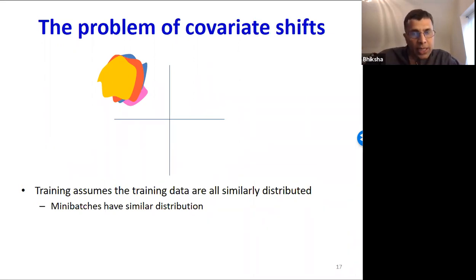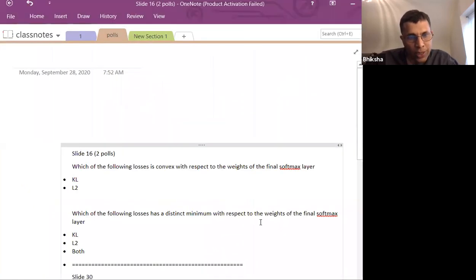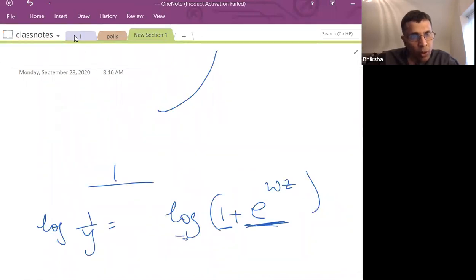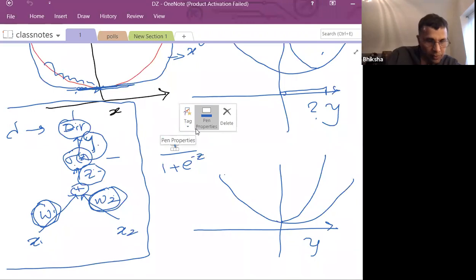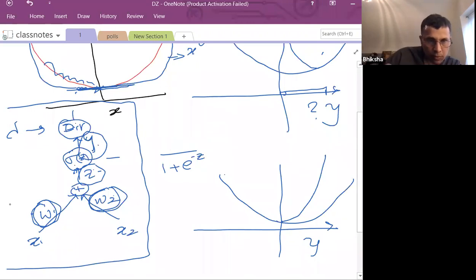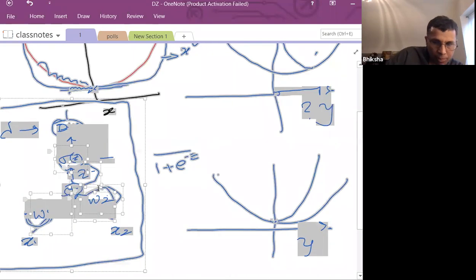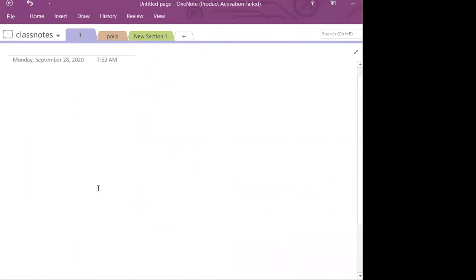Let's move on to the second topic of the day, covariate shifts. Now, when we perform mini-batch descent, one of the assumptions we make, so in fact, why don't you guys tell me, what is the primary assumption that we make when we perform mini-batch descent? Anyone? That the covariance matches the distribution.